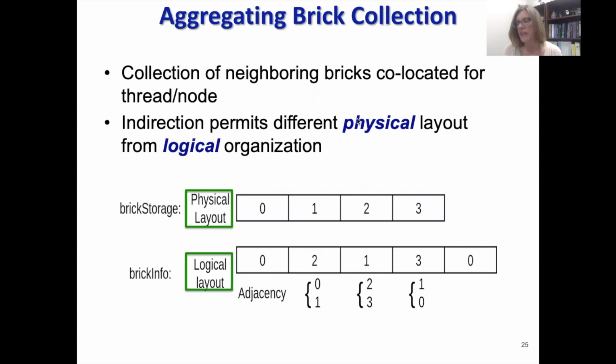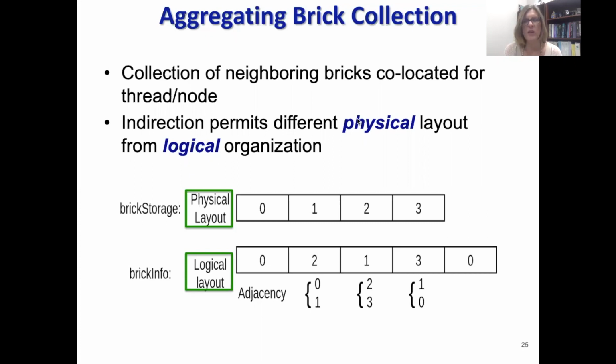We can aggregate a collection of bricks together to execute on a node or to be executed within the same thread. And we use indirection to allow a different physical layout from the logical organization.